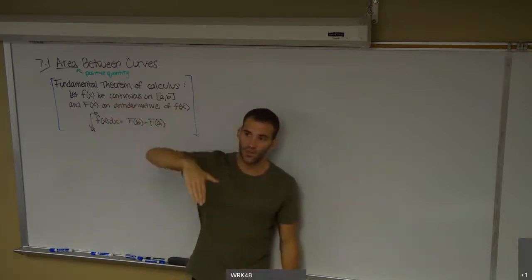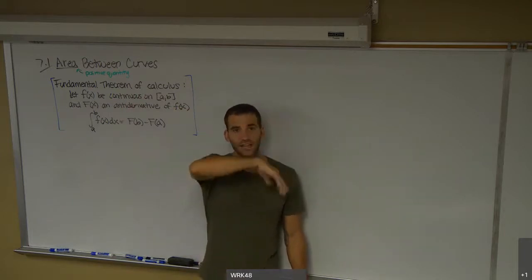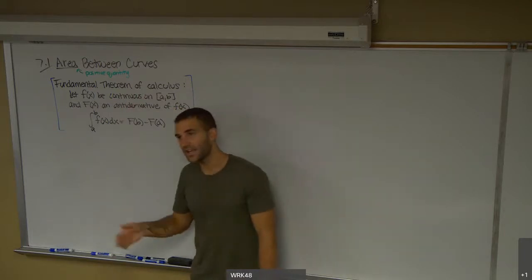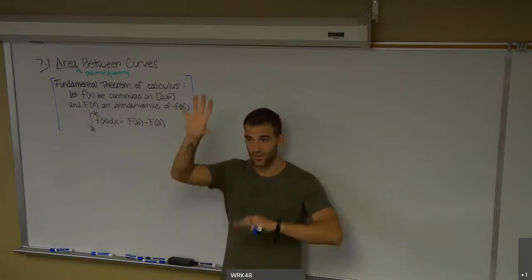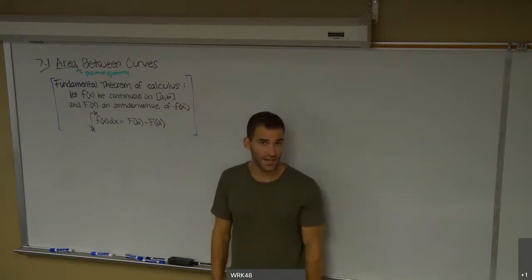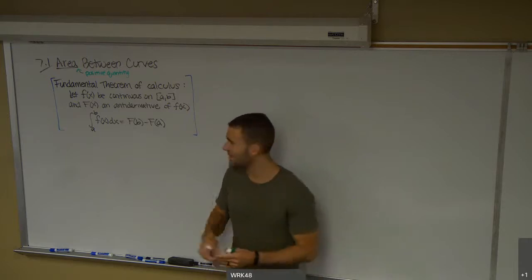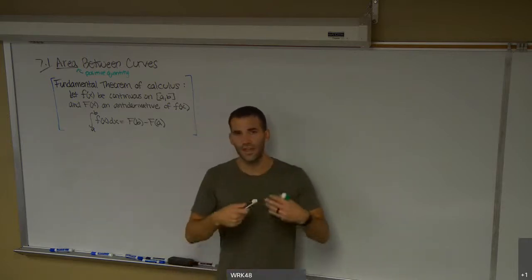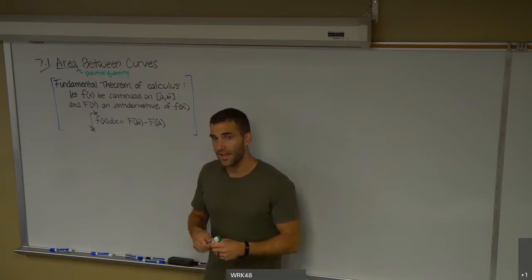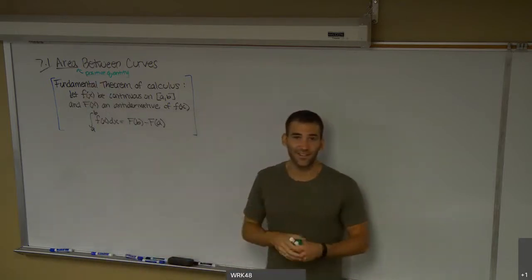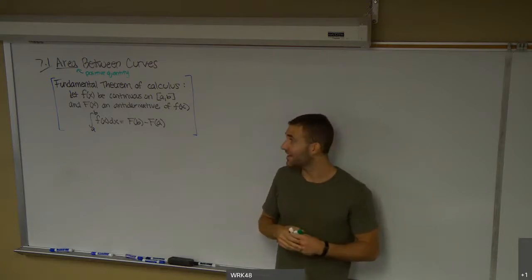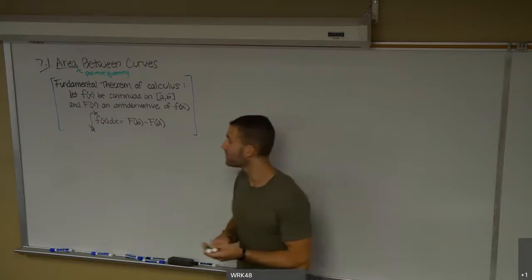But if the curve goes below the x-axis and back up above, you could get negative definite integrals. You could get 0 if there's the same amount of area above and below the x-axis. So the definite integral doesn't always measure area, and that's why it's very important that I use the word area between curves here, because it leads into how we're going to measure area between curves.